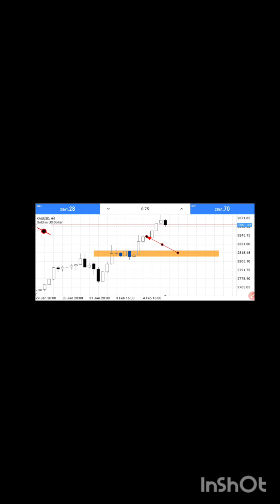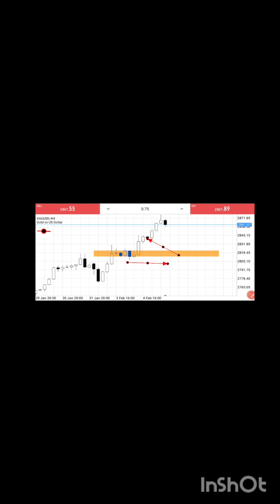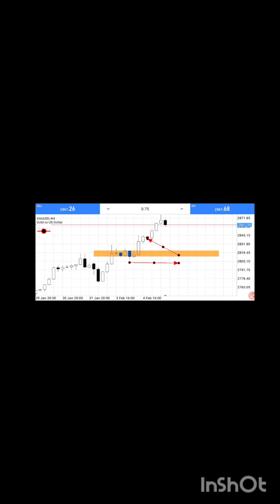Okay, so we should have entered this market here and then localized our SL where there is no candlestick in the vicinity, which is here, from left to right. So you can put it here. Because this is a lower time frame, you don't need to look for another swing like maybe trying to put it here. No, this is a lower time frame, so the market is very sensitive to moves than in the higher time frame.